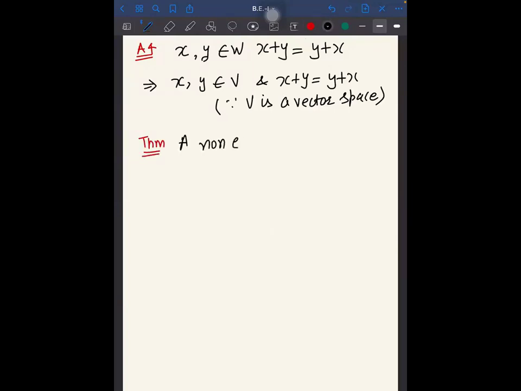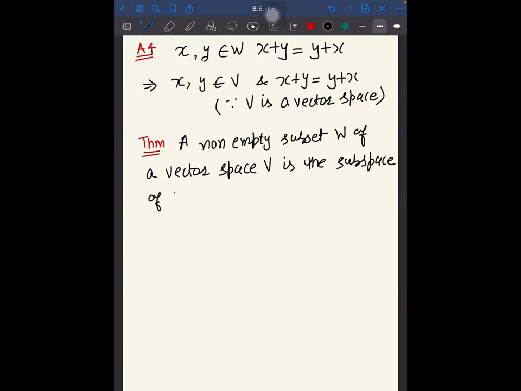A non-empty subset W of a vector space V is a subspace of V if and only if whenever alpha and beta belong to the real numbers and X and Y belong to W, alpha X plus beta Y should belong to W.